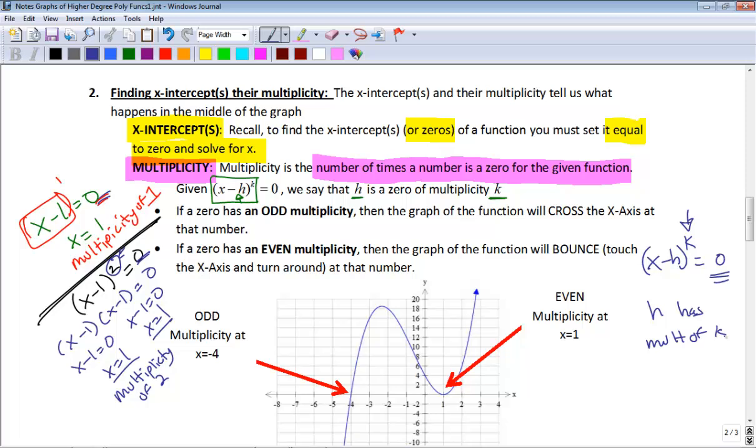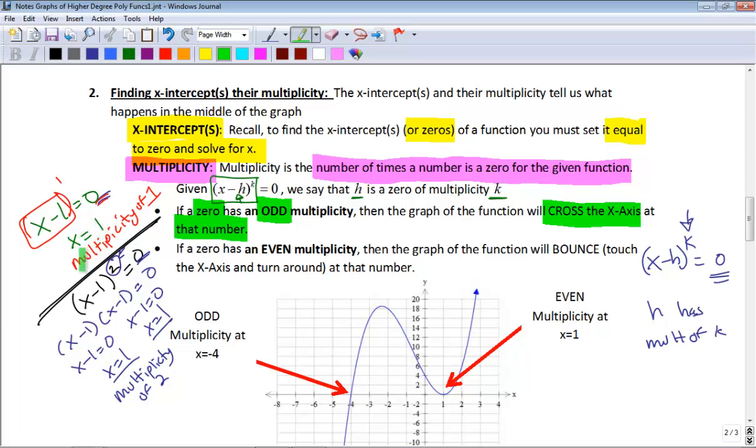What do we care how many times? Well, the reason is different things happen depending on the multiplicity of your 0. So if your 0 has an odd multiplicity, so you have a multiplicity of 1 or 3 or 5 or 7, etc., then the graph of your polynomial is going to cross the x-axis at that number.